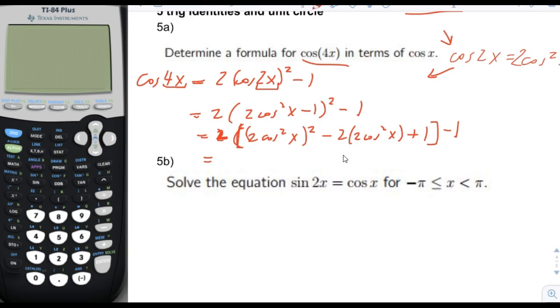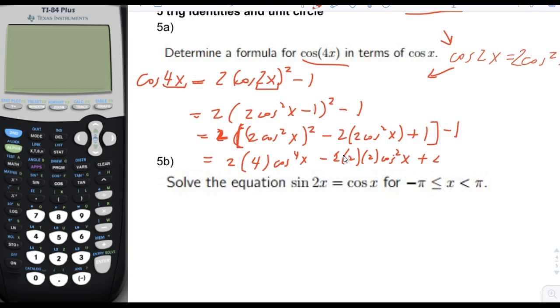So then I'm going to simplify again. I'm going to say, okay, this is 2 times 4 times cosine to the 4th x minus 2 times 2 times 2 cosine squared x plus 2.